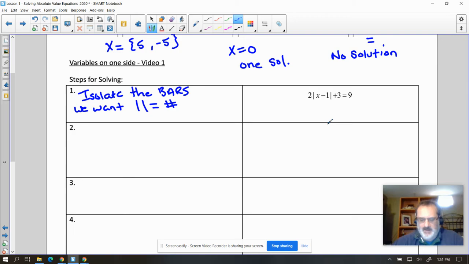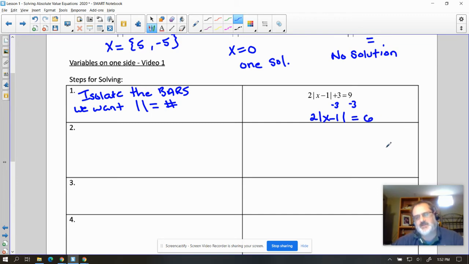In this step, we have to do two things. We have to subtract 3 and then divide by 2 in order to isolate the bars. So if we subtract 3 from both sides of the equality, we end up with 2x minus 1 equals 6.